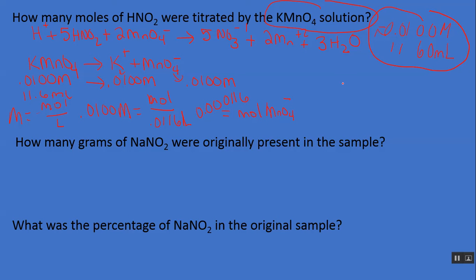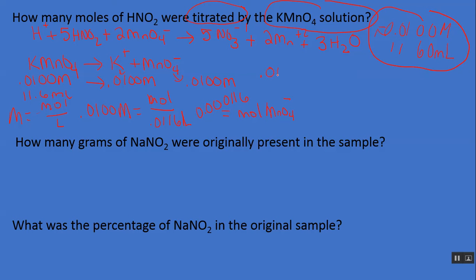The question is, how many moles of nitrous acid were titrated by that? Remember, all this really means is that we're using stoichiometry. For every so many moles of permanganate, we need the stoichiometric equivalent of the nitrous acid. So all we've got to do is convert using stoichiometry.